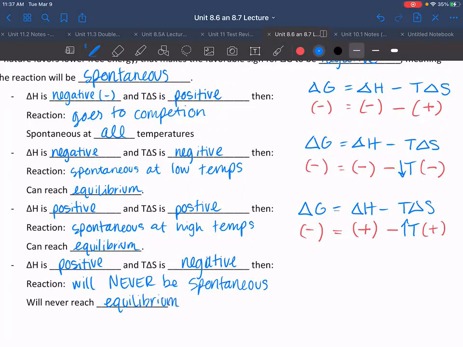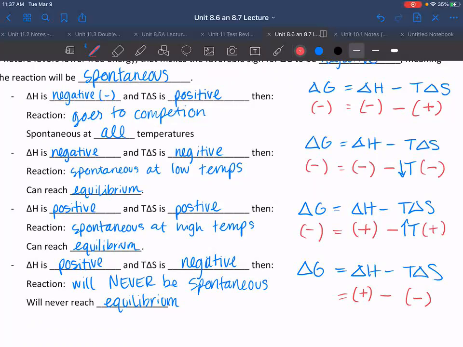And so thinking about that, delta G is equal to delta H minus T delta S. If we have a positive term here, and we're subtracting a negative term, we're actually adding, right? So that means no matter what our temp is, if we're always adding more to an already positive number, we're never going to be negative.